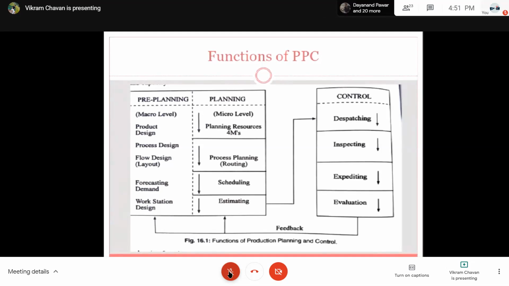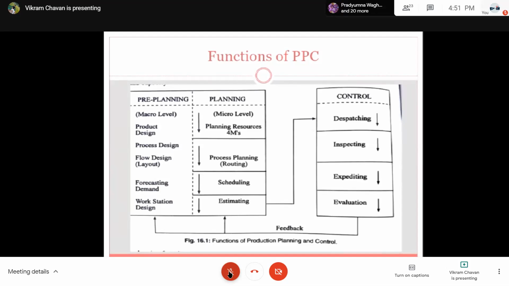That will ensure that the particular operation will start at the correct time and end at the correct time. To ensure that, material planning is required, so that it results in uninterrupted production. Finally, our goal or objective is uninterrupted production, so raw material planning is required.